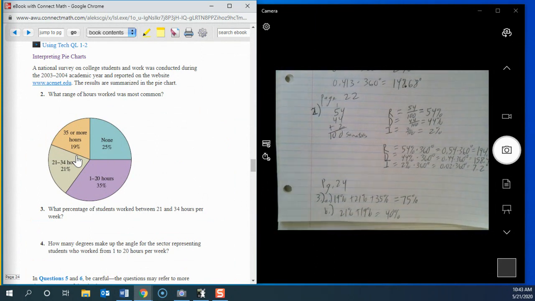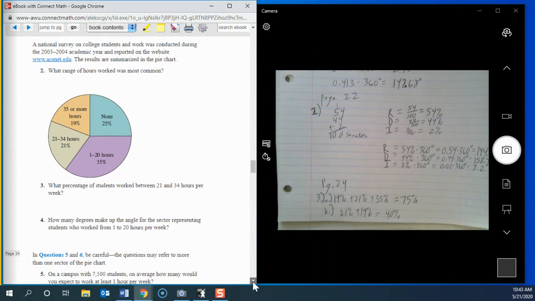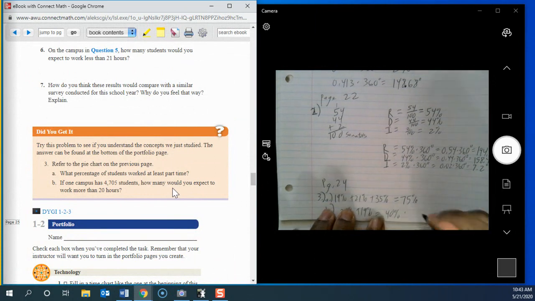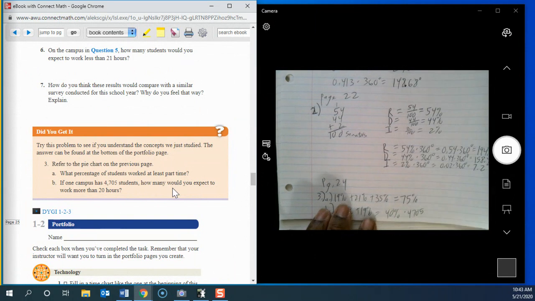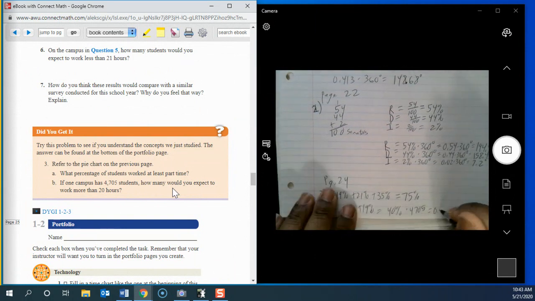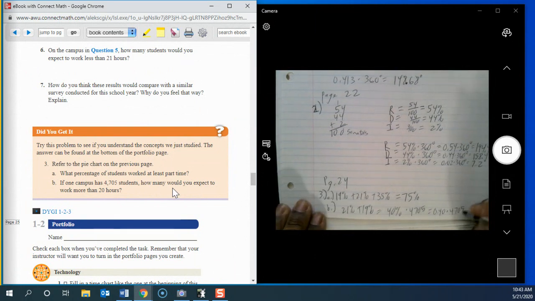Now we would be done if they asked us what was the percent, but they asked us how many. So we're going to have to take this 40% and multiply it by 4,705. So we would change the 40% to a decimal, which would be 0.40 times 4,705.